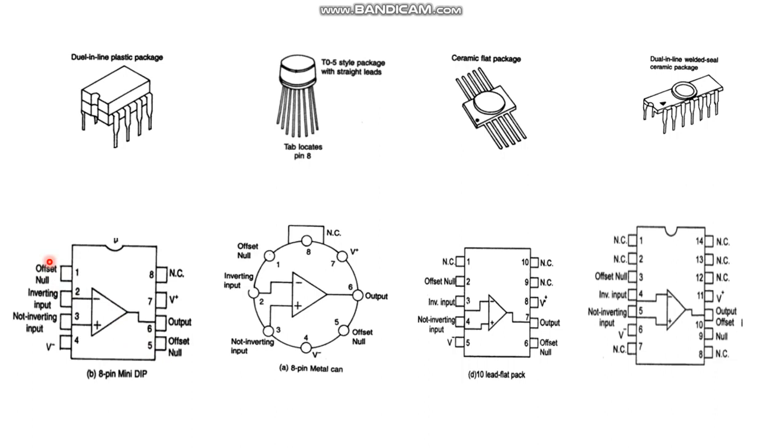Coming to this offset null, this is nothing but when we are not giving any input to these input terminals, even though we will get some output at the output terminal, that is known as offset.